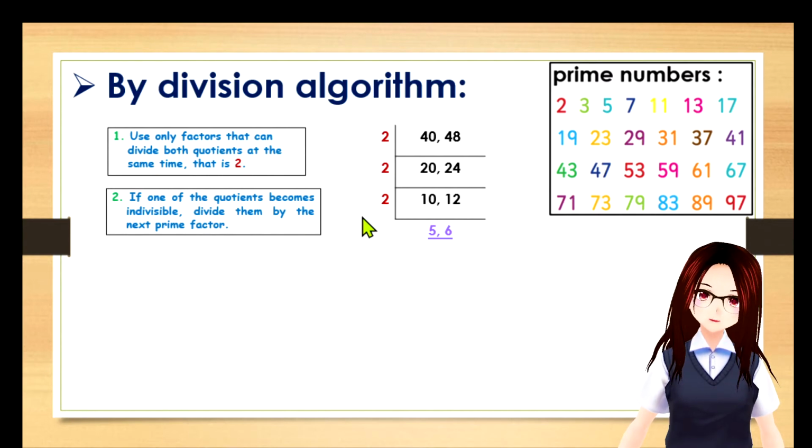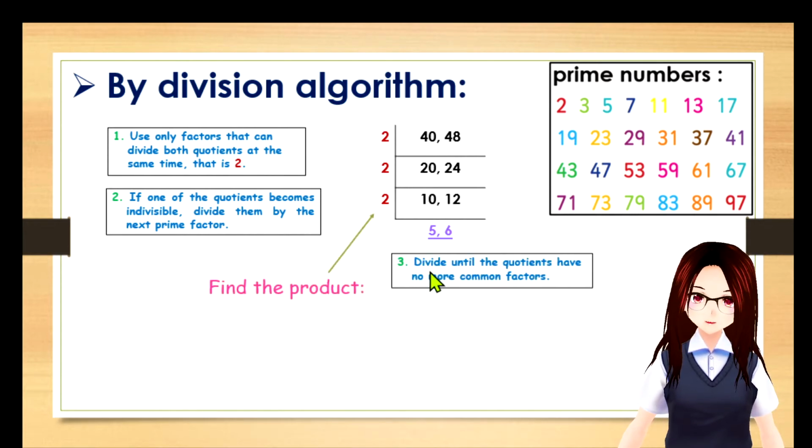But for this one, we divide everything by 2. And 5 and 6 cannot be divided any further. So, divide until the quotients have no more common factors. So for 5 and 6, there are no more common factors.